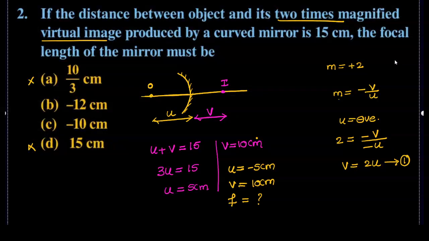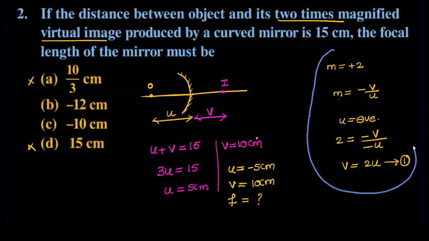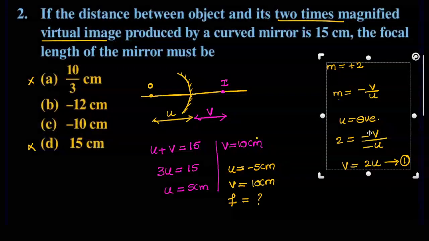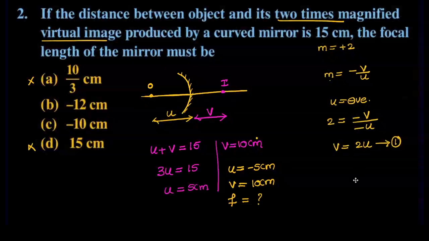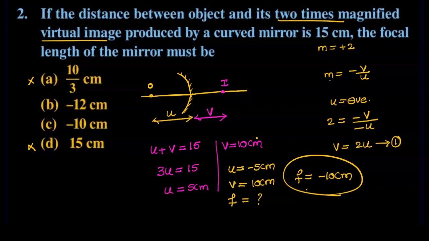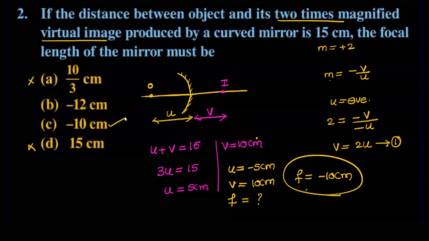Option C. Understood this one? How you need to approach? Any confusion? So the focal length will come to be -10 centimeters. So this is a concave mirror.